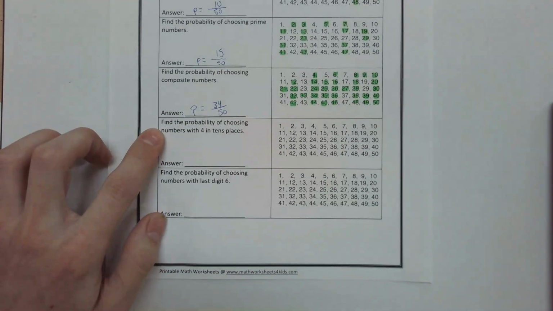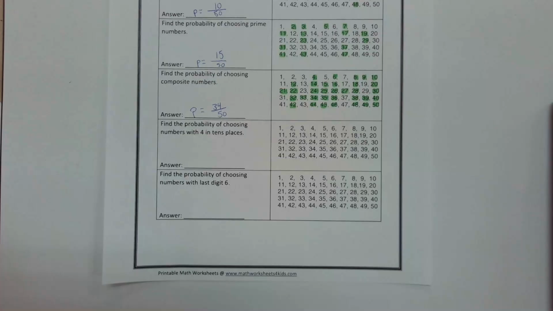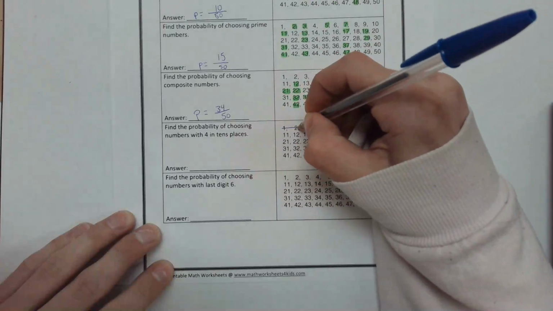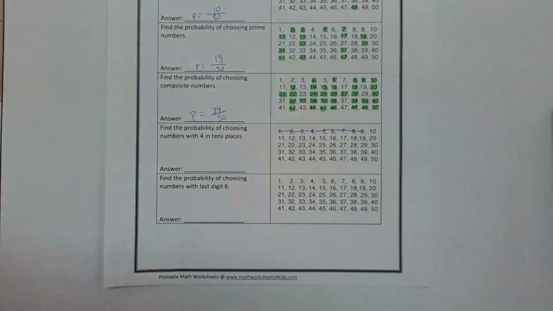All right, let's move on to question number 4. Find the probability of choosing a number with 4 in the tens. All right, 4 in the tens, meaning 4 is the first number, so the 10 spot. These are all ones, and now we've gotten up to the 10 spot.